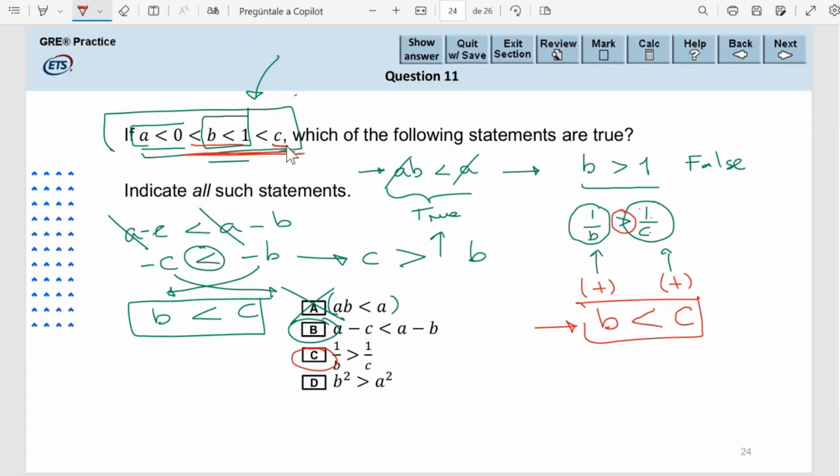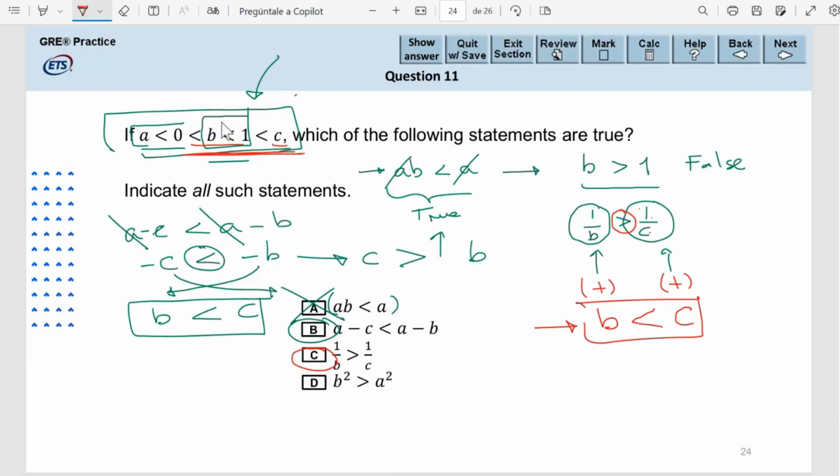And C is a number greater than 1. But here it's not B and C, sorry, it's B versus A. So here the thing is, B is greater than 0, A is less than 0. So the square of a positive is always greater than the square of a negative.